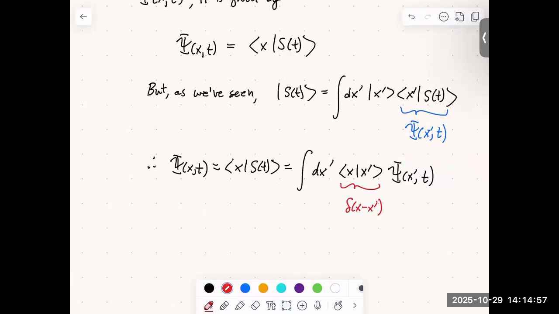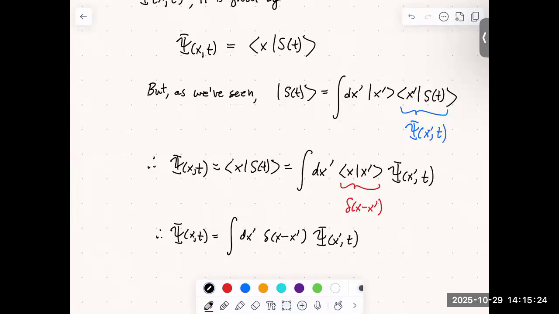Okay, so therefore we can say psi of x,t is equal to the integral of dx prime delta of x minus x prime psi of x prime, t. And of course, if you evaluated this integral, it would select the value x prime equal to x, and we'd have consistency between the left and right.